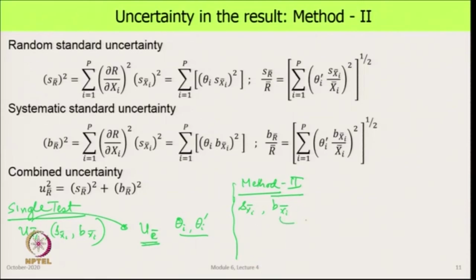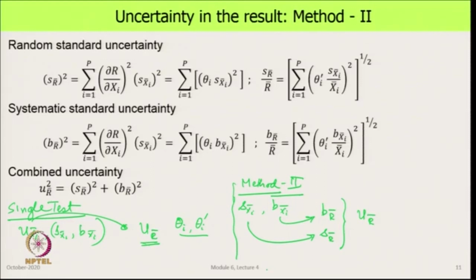Using these, we calculated Br bar, systematic standard uncertainty in the result. Using this, we calculate Sr bar, the random standard uncertainty in the result. Then combine these two and get the combined standard uncertainty in the result.